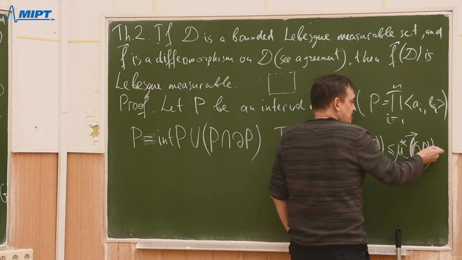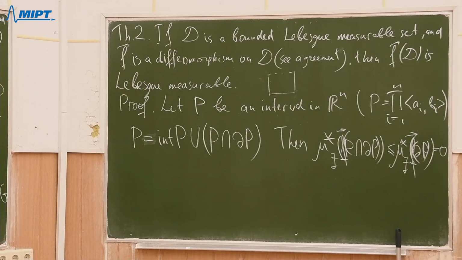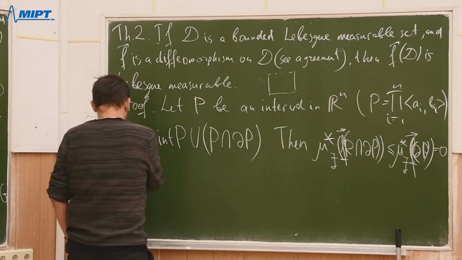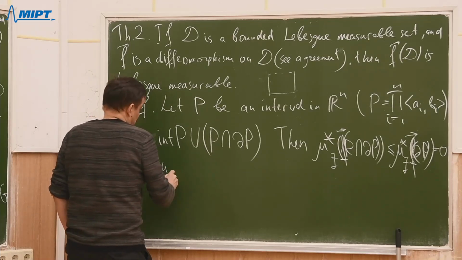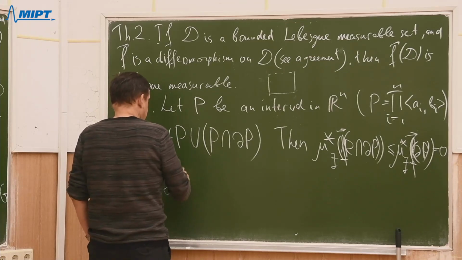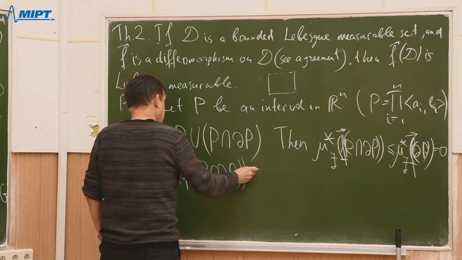Hence, that is 0. So you see, it means that the even Jordan measure, and hence also the Lebesgue measure, of the image of the boundary is 0.